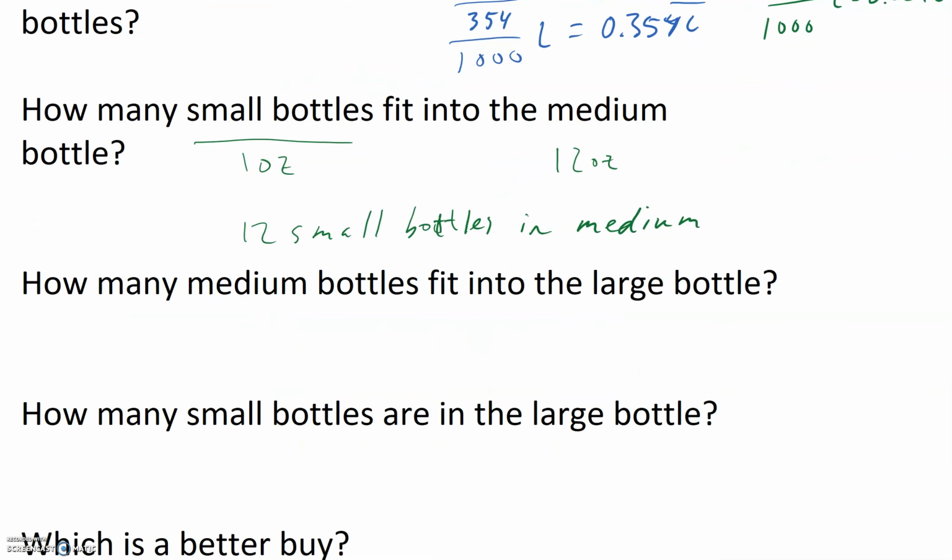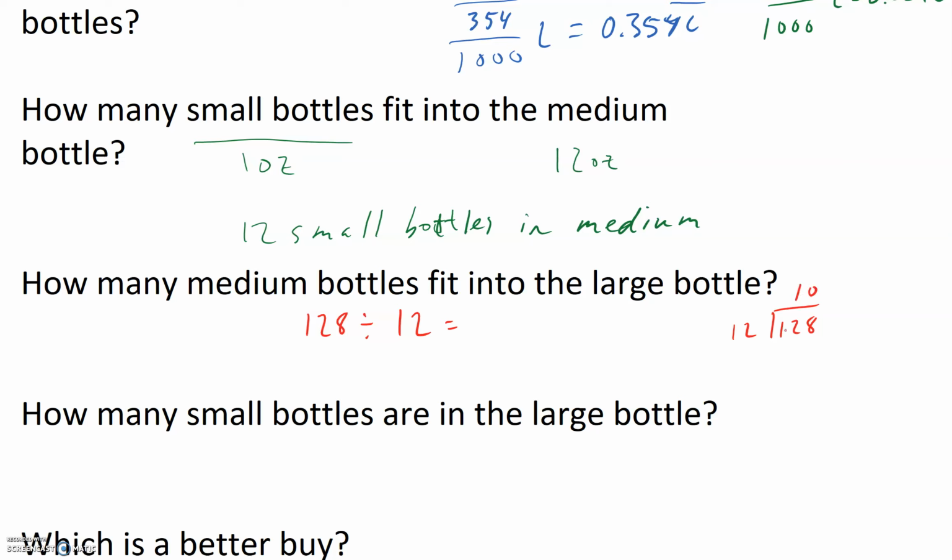All right, how many medium bottles fit in a large bottle? So now we know that there is 128 ounces because we know how many ounces are in a gallon. We're going to divide 128 ounces by 12 ounces for the medium. If you threw that in a calculator, you got 10.6666 goes forever. So I would say about 10.7. If we did it this way, think about our big chunks when we're chunking for division.